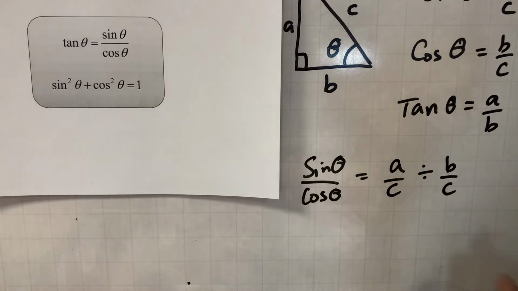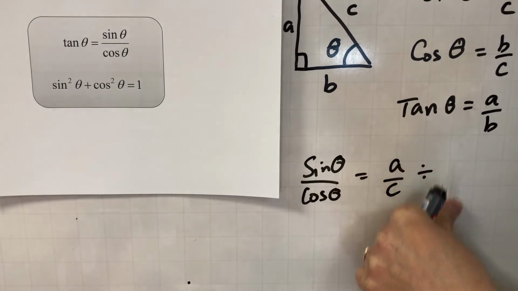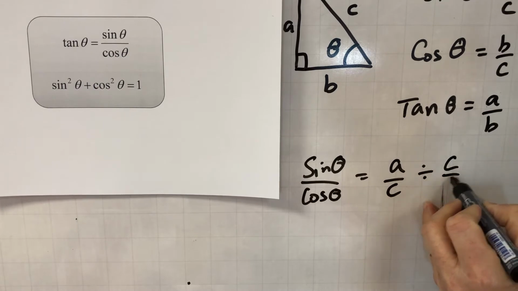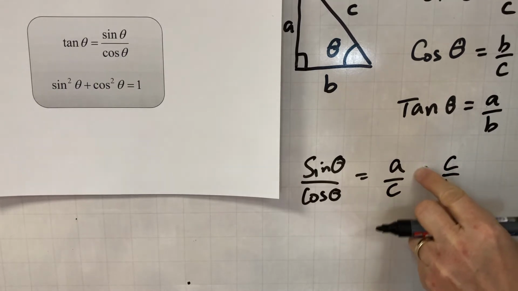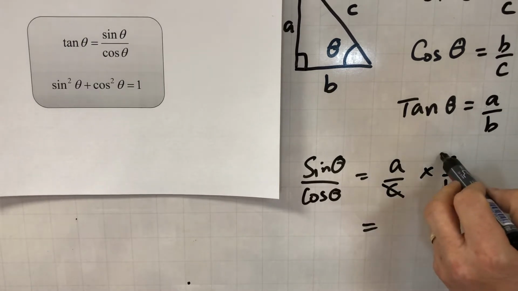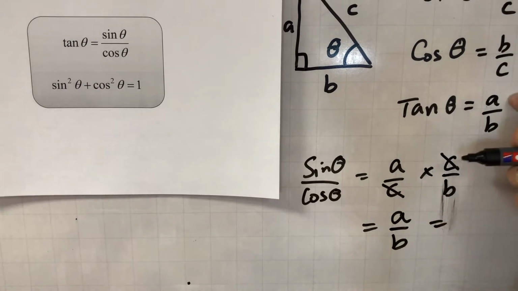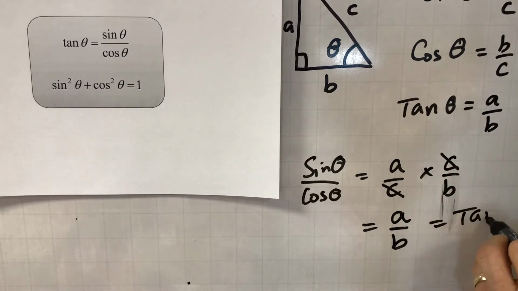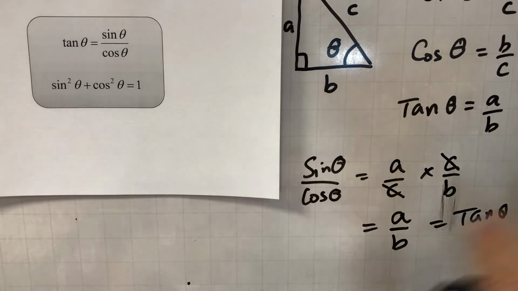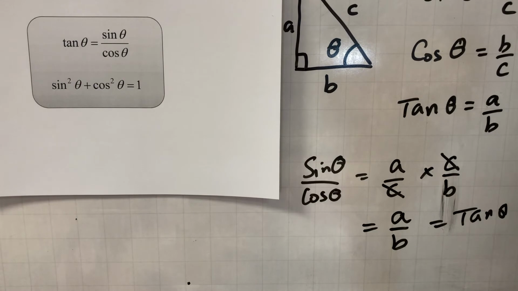And if I use the knowledge that to divide by a fraction we invert that fraction, change that sign to a times, then we can see that those c's cancel, giving you a divided by b, and a divided by b is tan. So you can take it as written that the tan of an angle will always be the sine of the angle divided by the cosine of the angle.